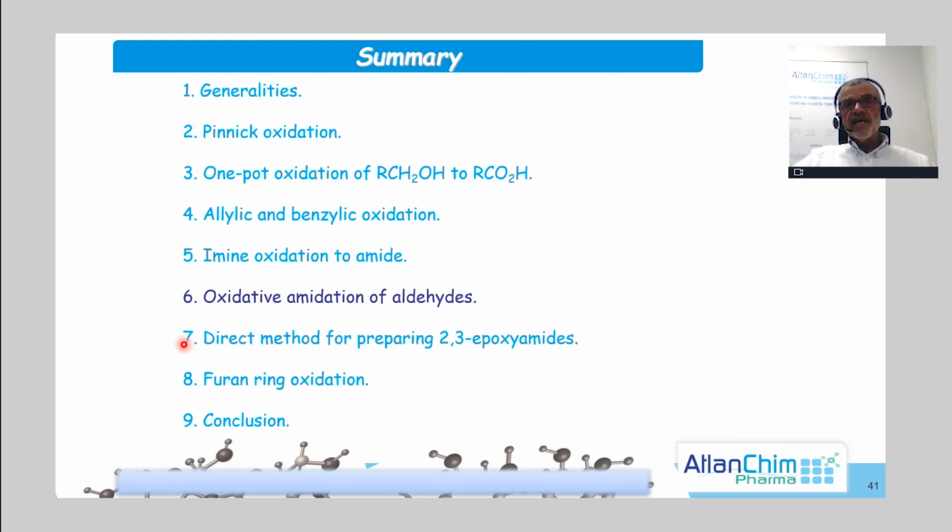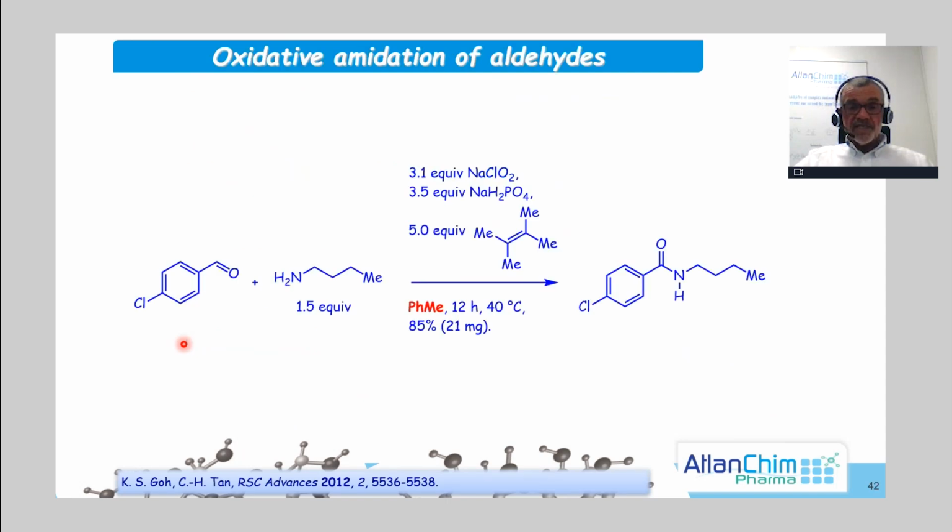Sodium chlorite was also found to be a useful oxidant in coupling an aldehyde and an amine to form an amide bond. Tan here reported a one-pot reaction using pinnick conditions to couple an aldehyde and an amine to give an amide.